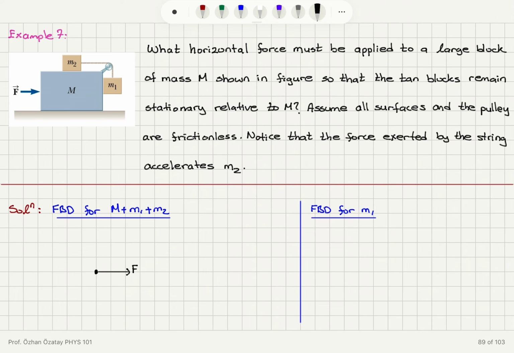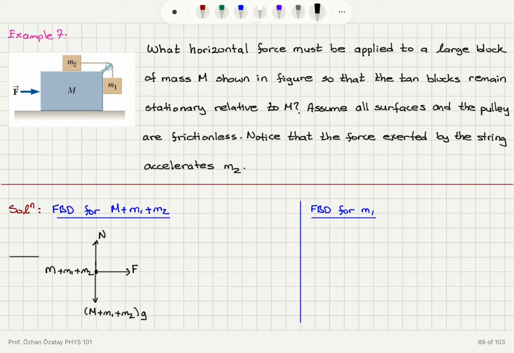There is the weight pointing down, which is capital M plus M1 plus M2 times G. And there is the normal force exerted by the horizontal surface, because it's touching this horizontal surface. So this is the particle with mass M plus M1 plus M2 feeling all of these forces.